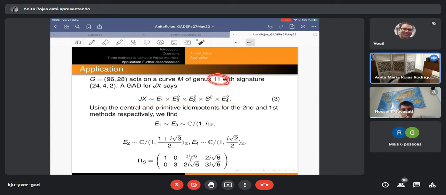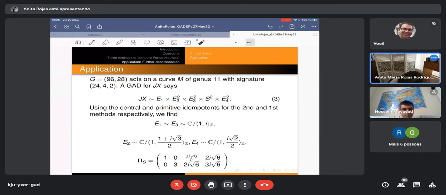So that was an example of a curve whose Jacobian variety we don't know is completely decomposable, because it has a surface there. And we don't know if it has complex multiplication, because we just know the dimensions of the factors. But we know that those factors are images of central idempotents. And moreover, the ones that are raised to a power are images of primitive idempotents.